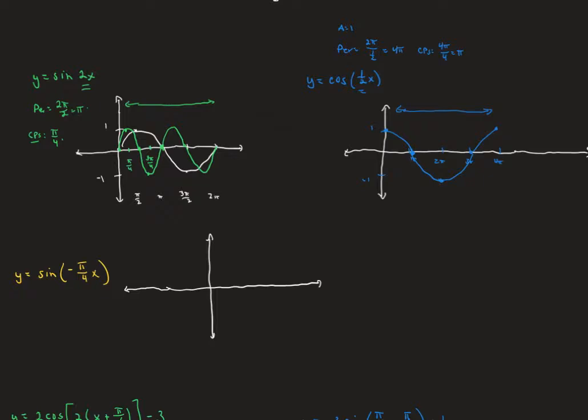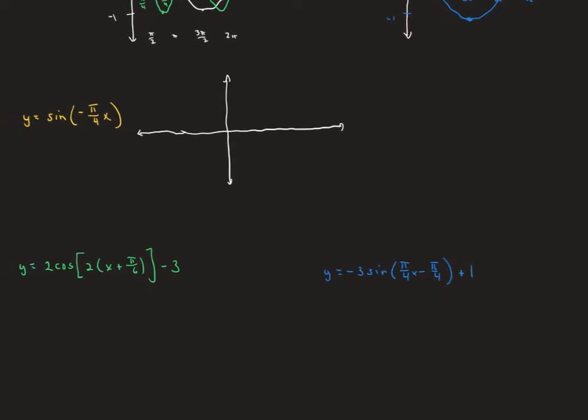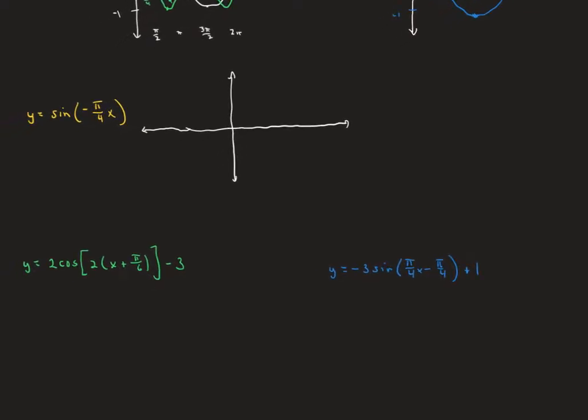Let's look at one more of these, and then we'll throw in a reflection, and then we'll start doing really complicated stuff. So our sine curve, remember we said is an odd function. So an odd function, I'm going to draw just over here, kind of off to the side, our parent function. So our sine curve, remember, does this.